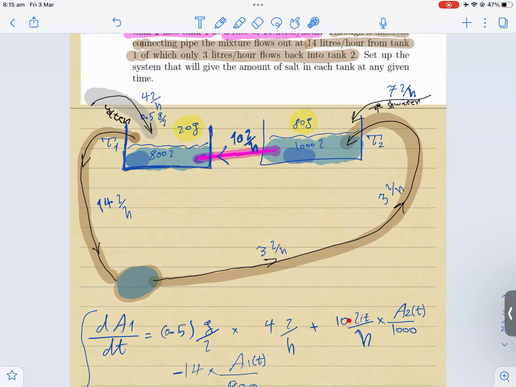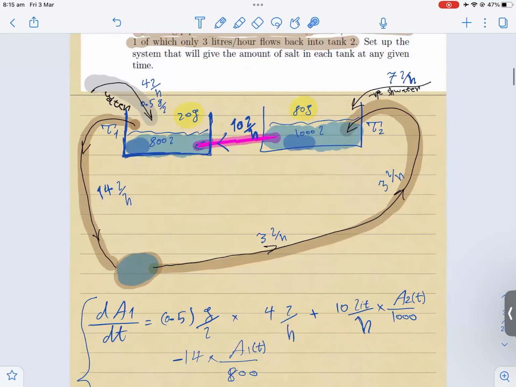So the velocity is 10 liter per hour, times the concentration of the source. The source is the second tank. And the amount of salt in the second tank, A2 of T, divided by the capacity of the water in the second tank. Is that clear now? All right. Any other question about this?